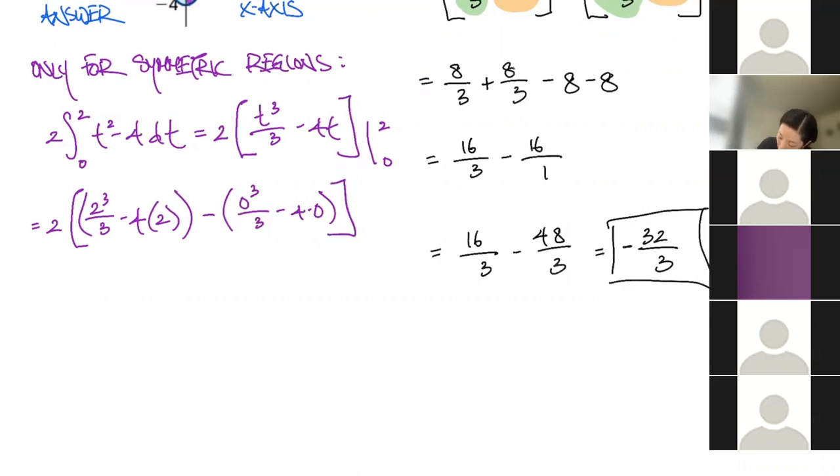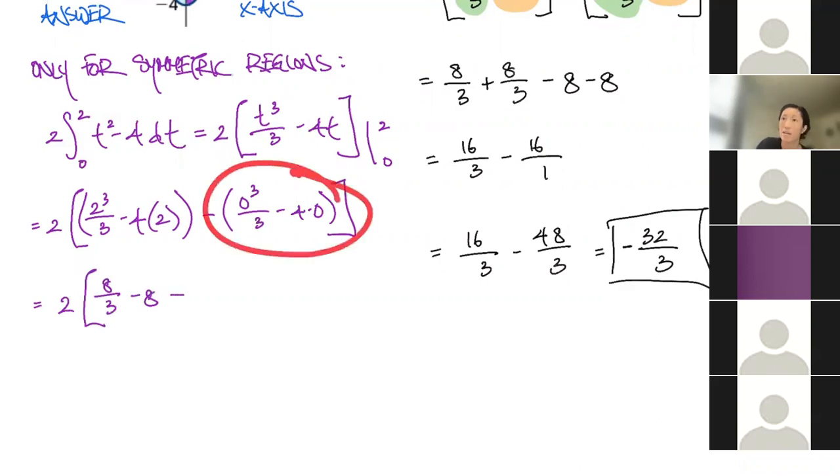And then check out what happens. 2 times 8/3 minus 8. Oh, we still had to do that, but what happens to this entire second piece? This whole second piece goes to 0.